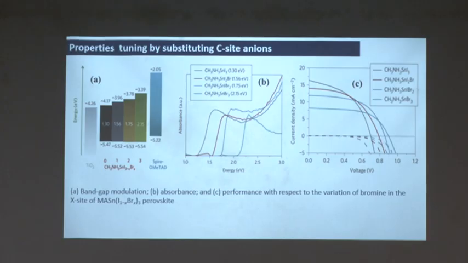And here also are depicted some electronic properties, because the band gap is one element, but it's also interesting to see how introduced changes in chemical composition influence absorbance and performance of the solar cell junction.